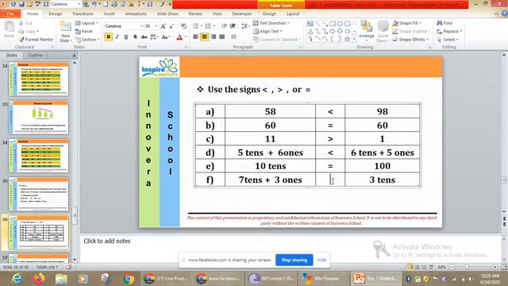The last one, 7 tens and 3 ones. 7 tens and 3 ones means what? 73. And 3 tens is 30. So which is the bigger number? 73 or 30? 7 tens and 3 ones is bigger.